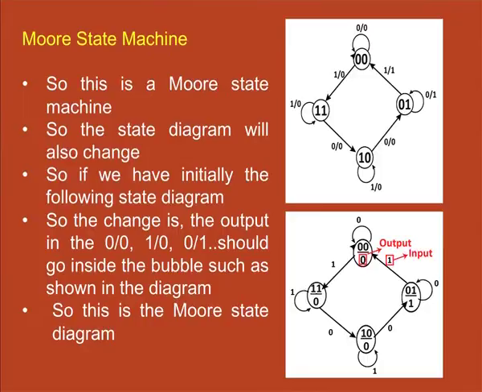The changes are that the outputs 0/0, 1/0, 0/1 and so on should go inside the bubbles, as shown in the diagram at the bottom right of this slide, and this state diagram represents a Moore state machine.